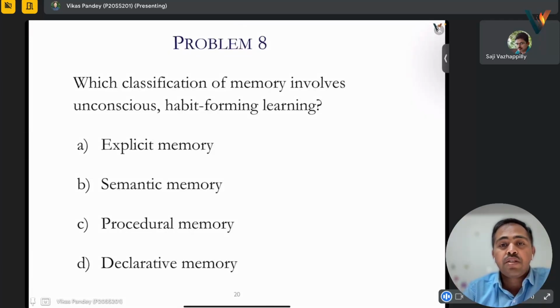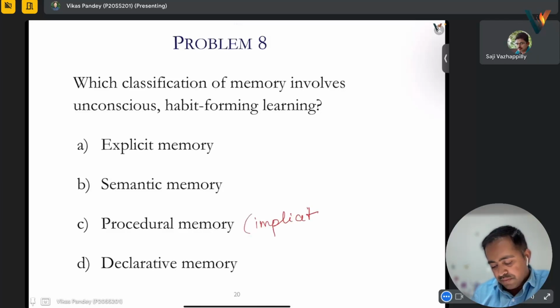Which classification of memory involves unconscious habit forming learning? Is it explicit memory, semantic memory, procedural memory, or declarative memory? It is a part of implicit memory, sir. So it must be procedural memory. Procedural or implicit memory.